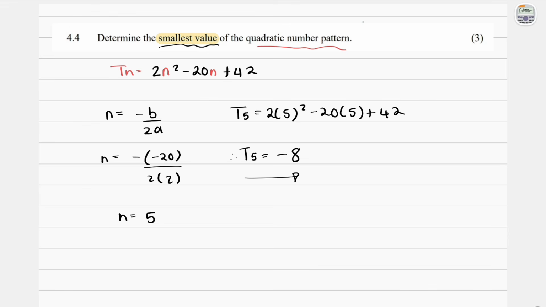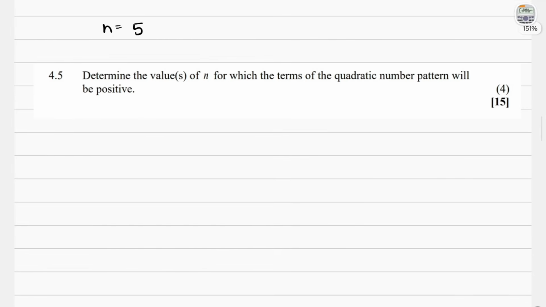Moving on to the next question. The next question says, determine the value or values of n for which the terms of the quadratic pattern will be positive. The terms, so really the term values. Think about it, they're just term values.